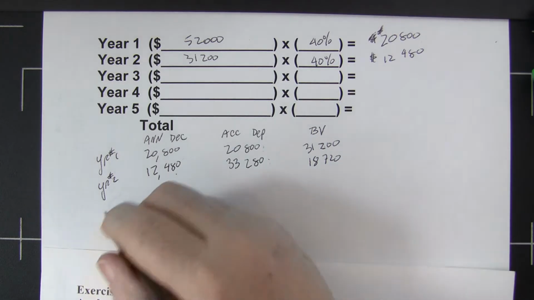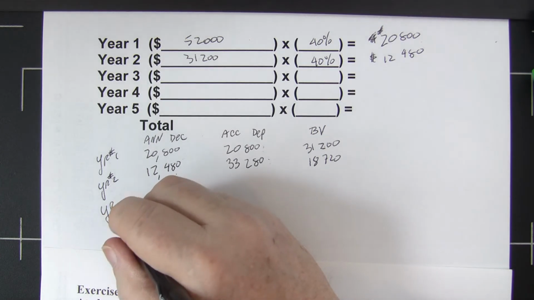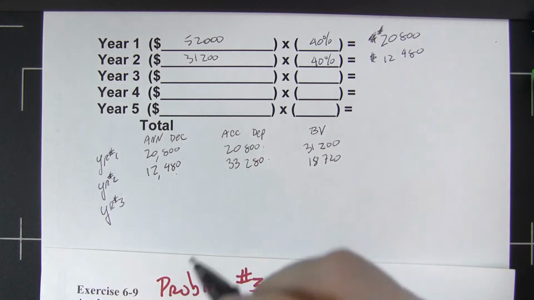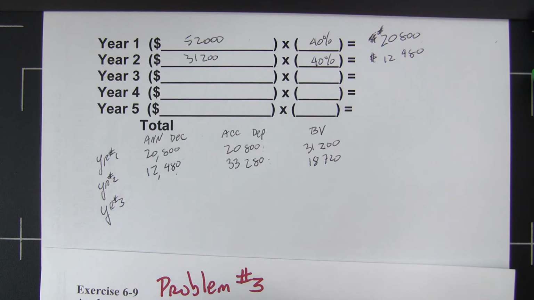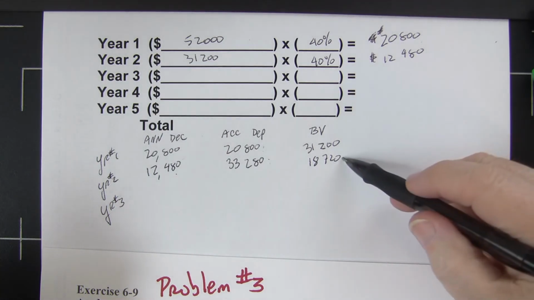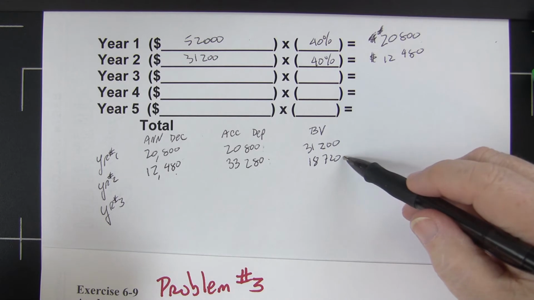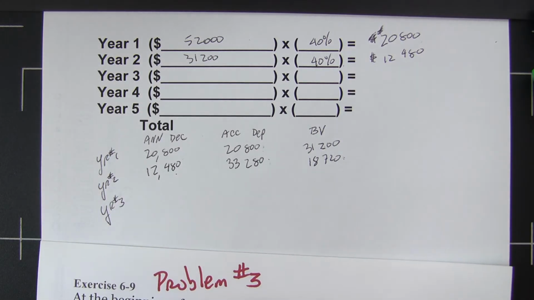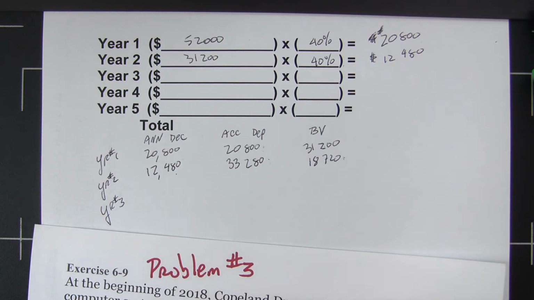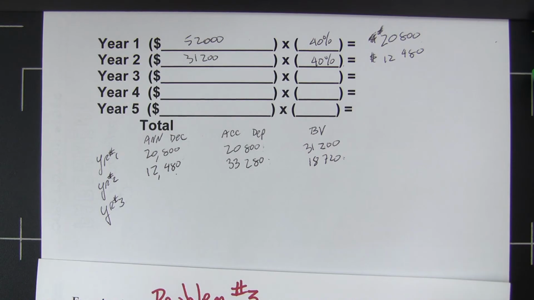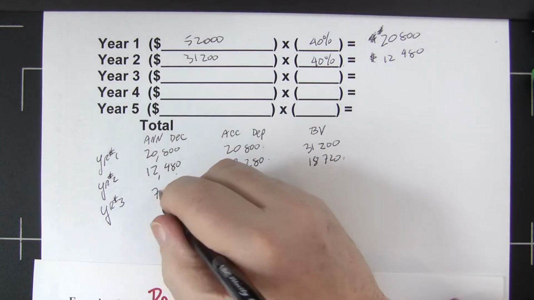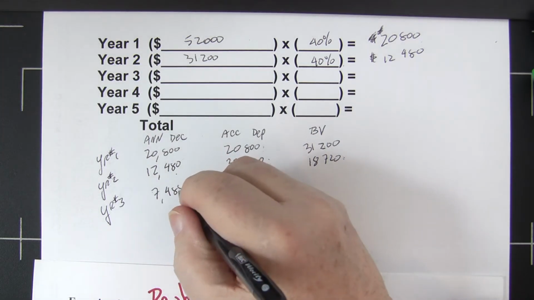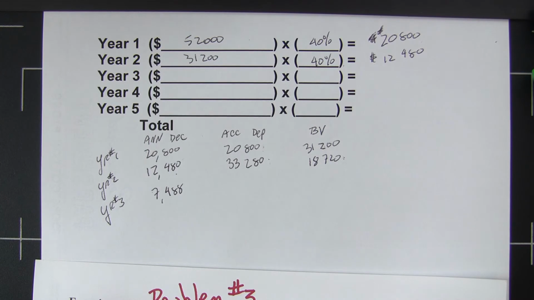Now, year 3. I'm going to take 18,720, my book value, times 40%, and I come up with $7,488.